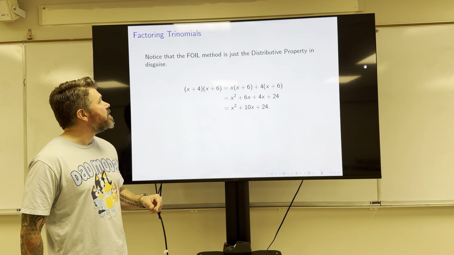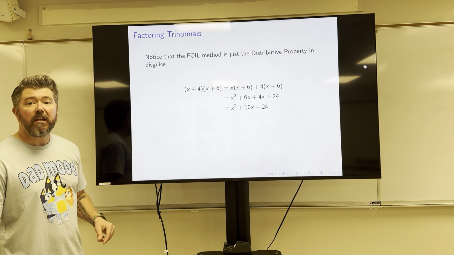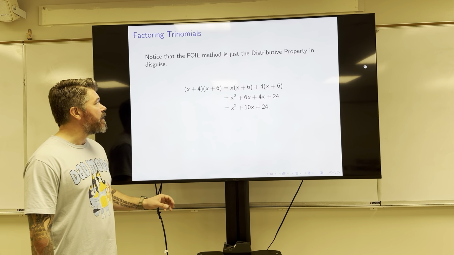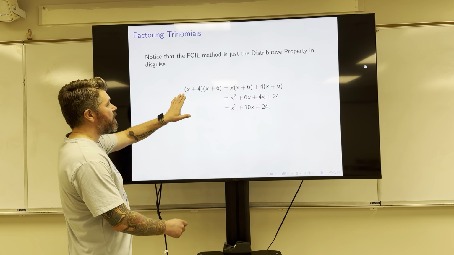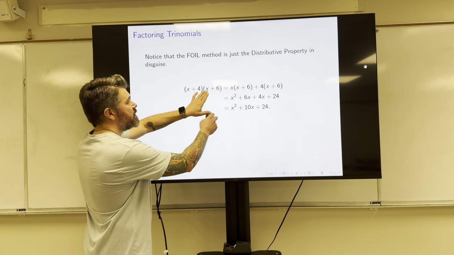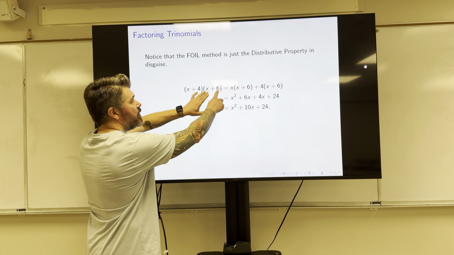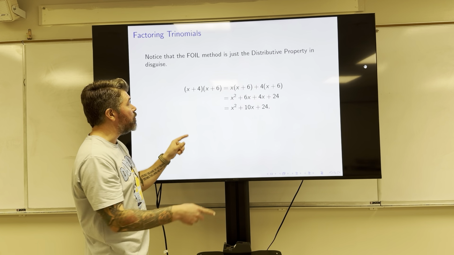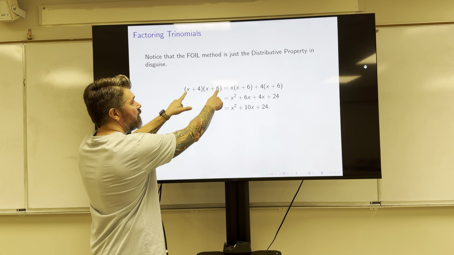Okay, so notice that the FOIL method is just the distributive property in disguise, right? So remember that we want to take the first term times the first term and the last term, right? Because this gives us our F and O, first and outer, right?